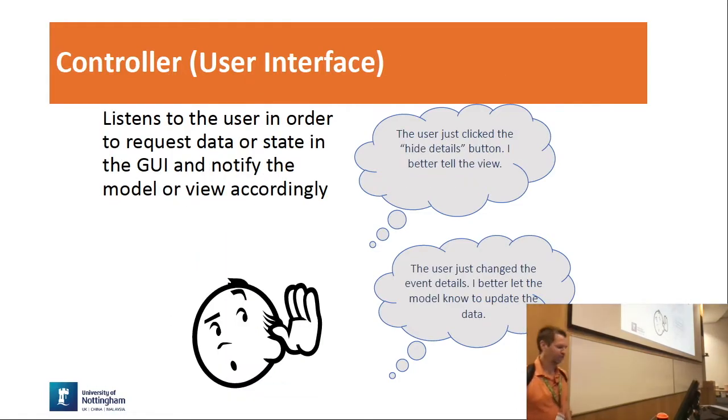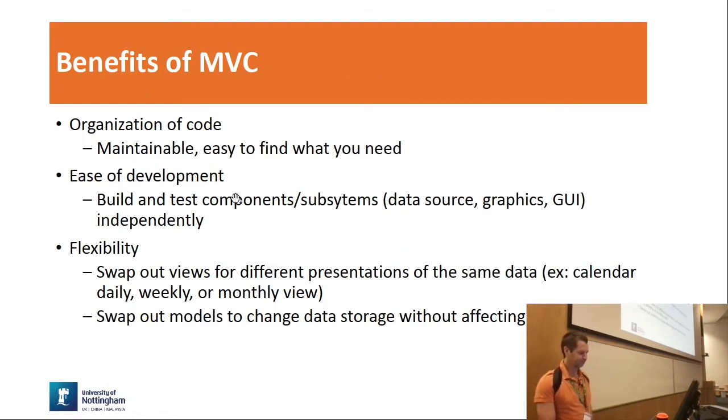And then the controller, which is the user interface, listens to the user in order to request data or state in the GUI and notify the model or view accordingly. So this is a generic organization of your software, right? It makes it logical, or makes it easy to follow the organization.